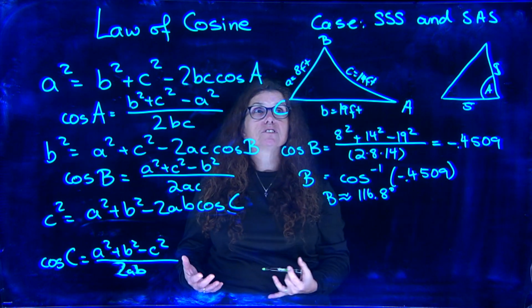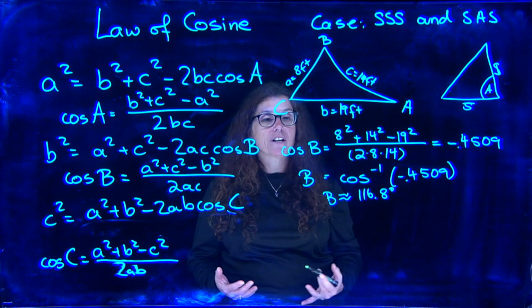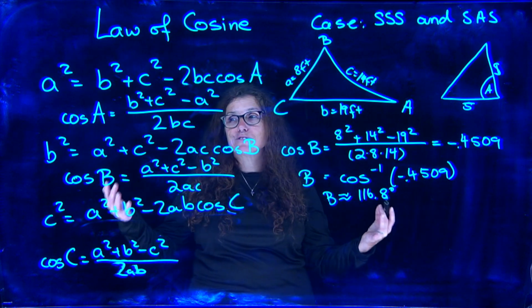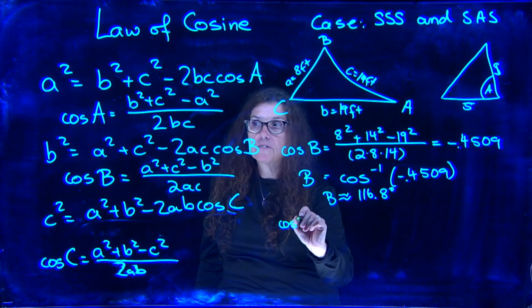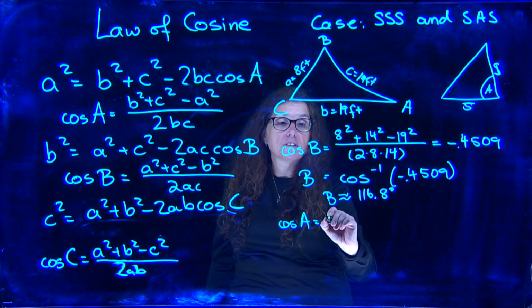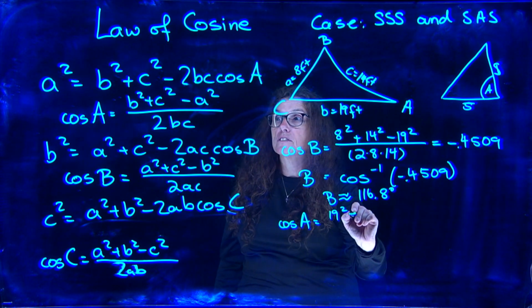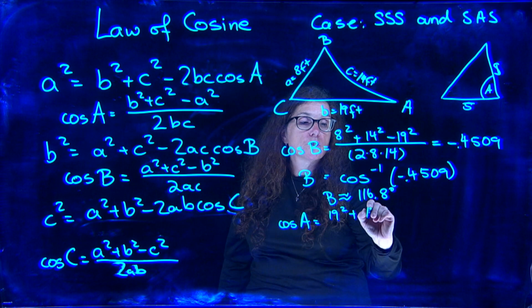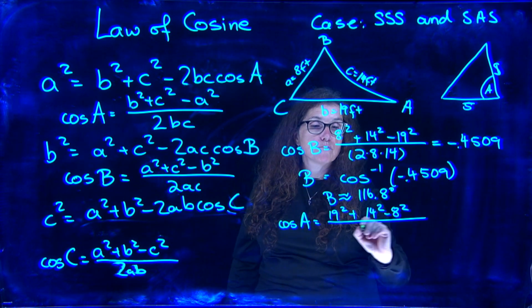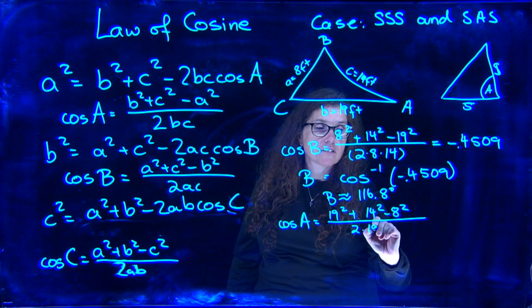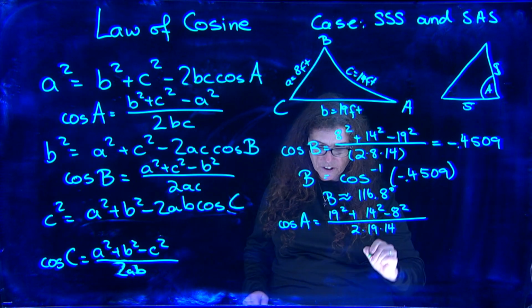Now we have to use the law of cosine again to find another angle. Let's use A. You could have said C. It doesn't really matter. So cosine A equals 19 squared plus 14 squared minus 8 squared divided by 2 times 19 times 14.